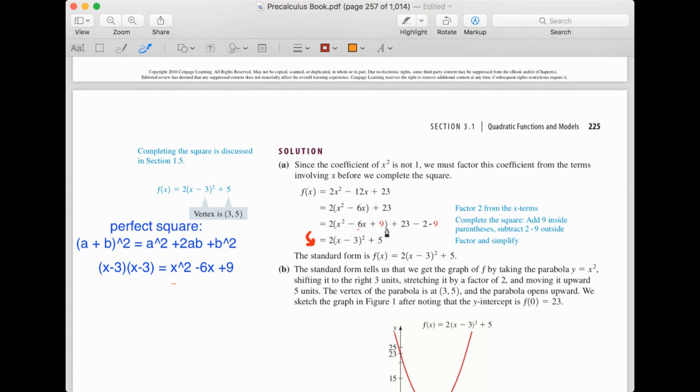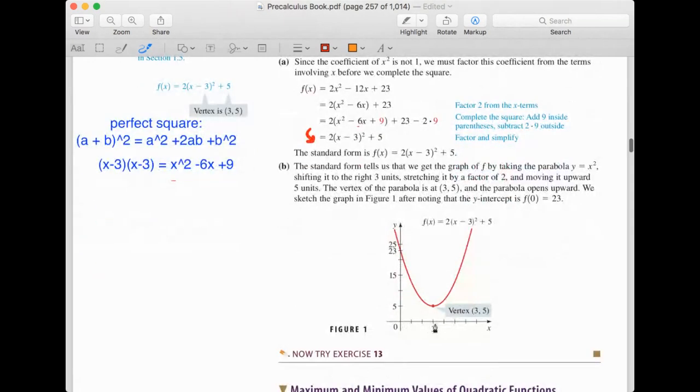We added 2 times 9 here, so we have to subtract 2 times 9. 2 times 9 is 18. 23 minus 18, that's 5. So now we have h equals 3 and k equals 5. So 3 comma 5 is the vertex.